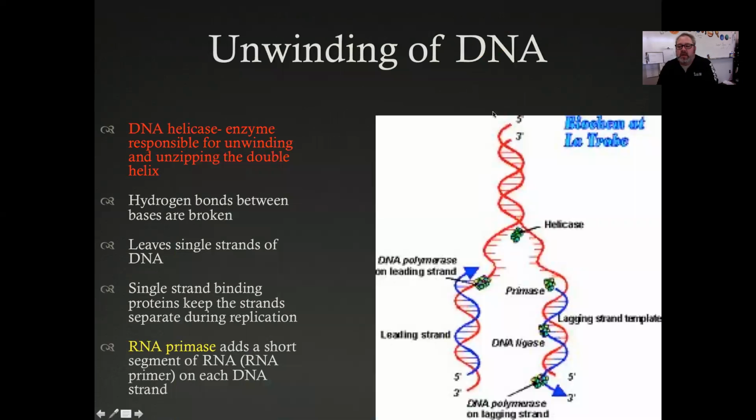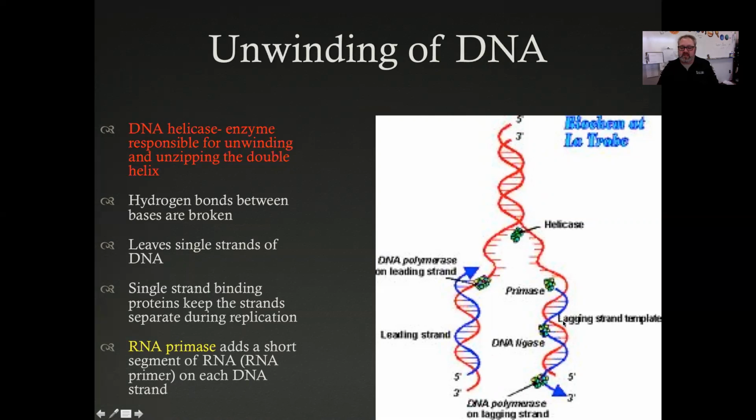Okay, so here's how the whole process works. There's a protein, or an enzyme, called DNA helicase. We can see it right here. This protein unwinds or unzips, if you will, the double helix, okay? The hydrogen bonds that hold those nitrogen bases together are broken, and they're able to separate, and it leaves behind these single strands of DNA, okay?